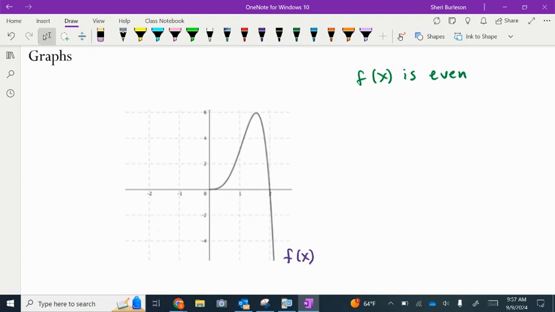Is that better? Okay, I'm not as worried that you have the size correct as you have the shape correct, okay? I personally, if I could have found a graph online that didn't even have a scale, I would have been fine with that.